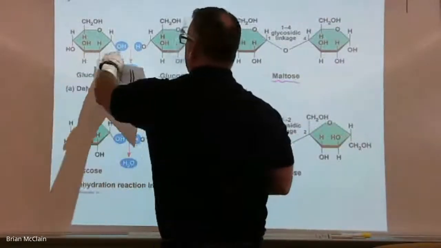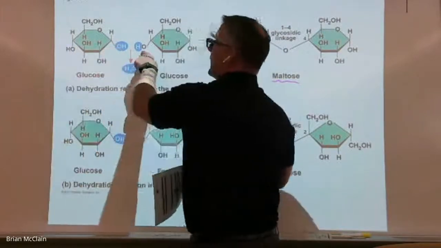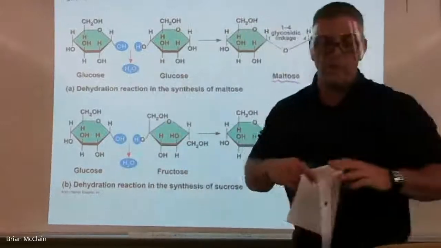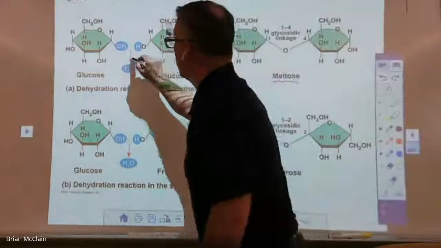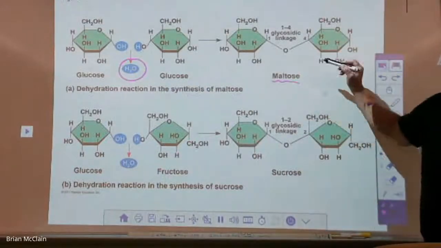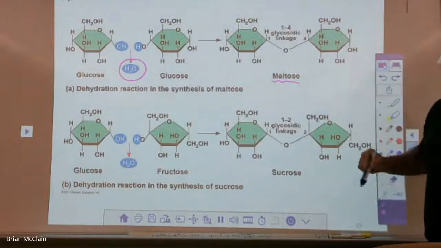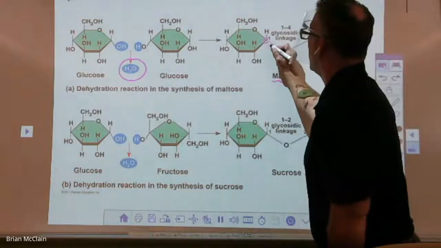So when you put these two together, you have an OH and you have another OH right next to each other. So when those two are able to combine, what we do is we release that water molecule. Okay? So that combination, let's take a look at this. This is position carbon number 1.